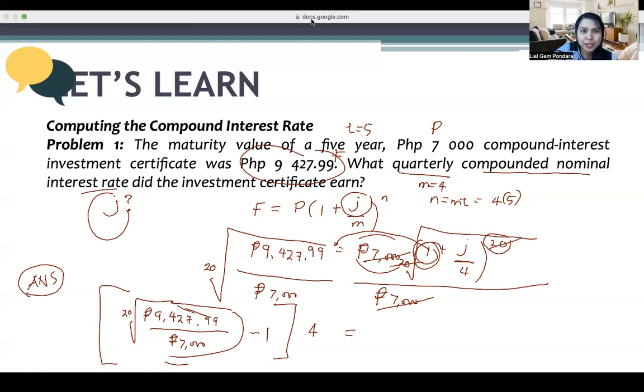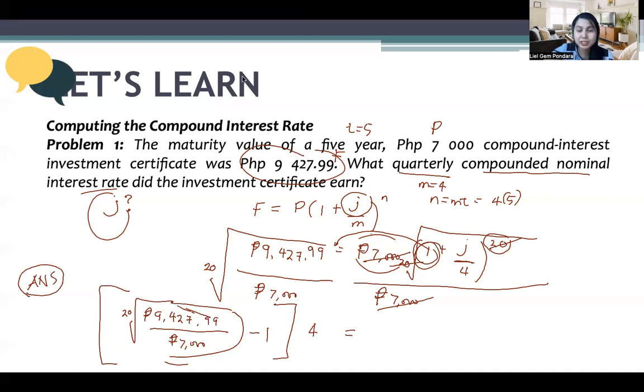Let me first check. Sorry, I could not stop my screen sharing this time. Times 4. That will be the J. Do not stop with your calculator unless you'll get the answer. The answer is 0.06, or that means 6%. So the nominal interest rate is 6%.